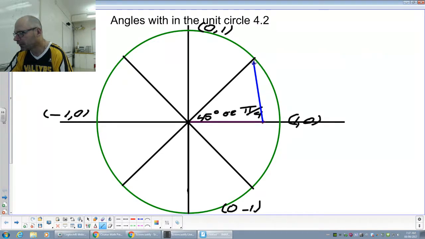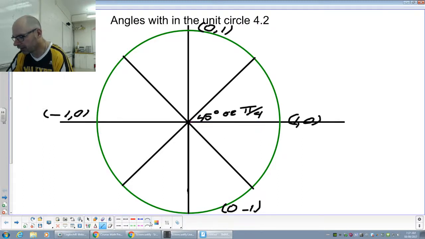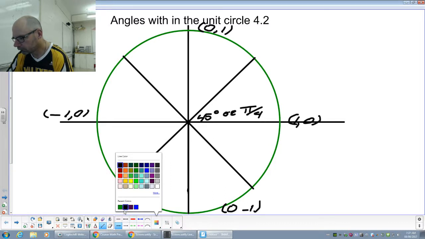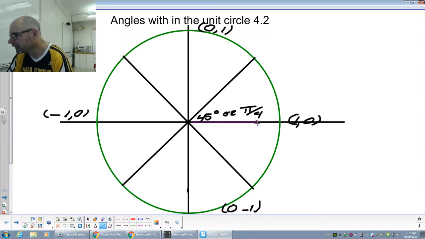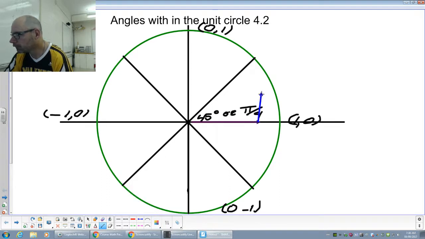I went a little too far with the x. I'm going to back it off a little. Okay, so let's do that again here. Okay, so this will be our x projection there. Maybe right there. Then our y. So that is what it would look like.